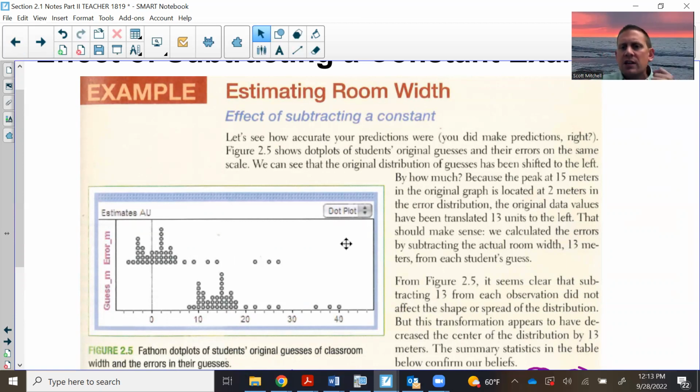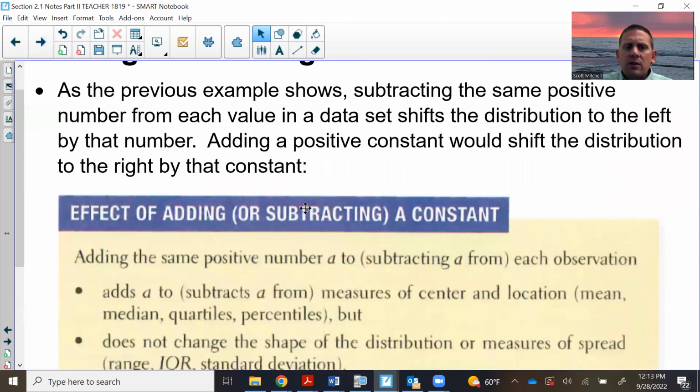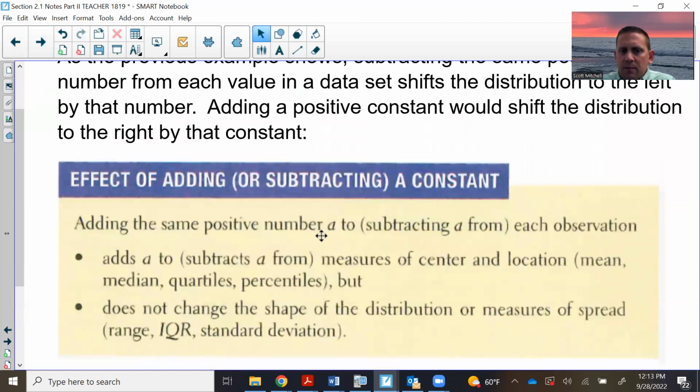Now, what is going to change is the mean, the middle point is no longer in the same spot, but it's going to shift by 13. Okay. So that's really what happened. So here's what happens overall. Adding the same positive number or subtracting, in this case, we subtracted from each observation, adds to the center, the mean, median, quartiles, and percentiles.